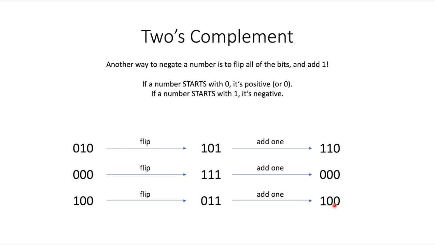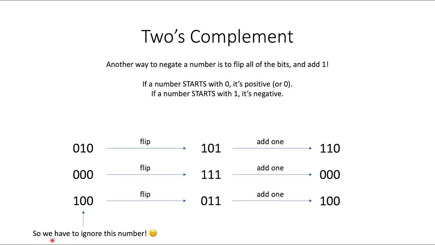So in 1's complement, we had the problem where there were 2 zeros. In 2's complement, you have the problem where there's this weird extra number, which is 1 followed by a bunch of zeros. And when you flip it, you get the same thing. So on the face of it, it looks like we've just taken our one problem and translated it into another problem. However, this is actually fine, and we'll see why it's fine in a minute.